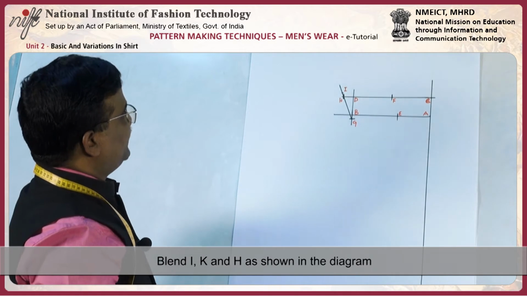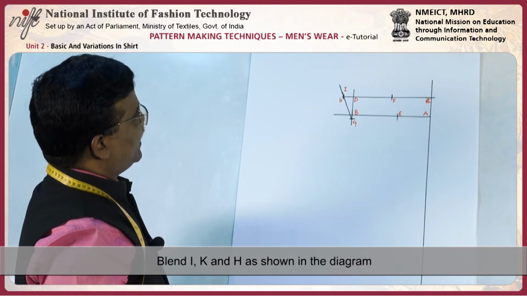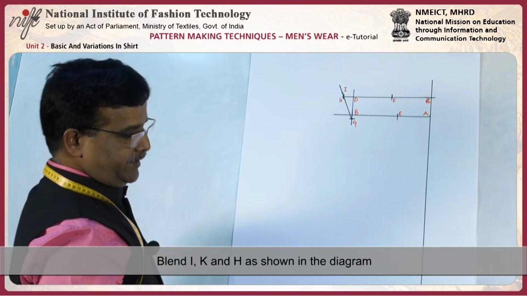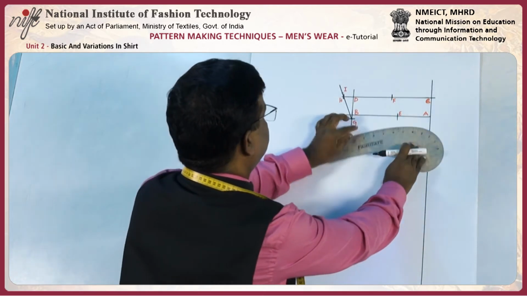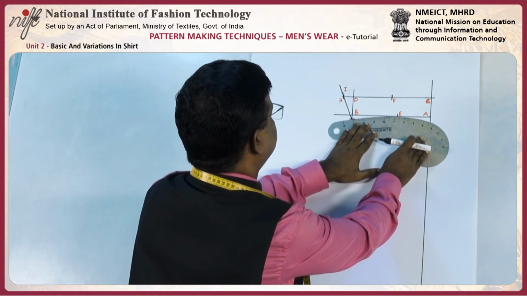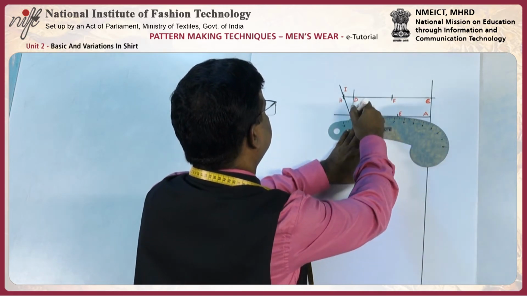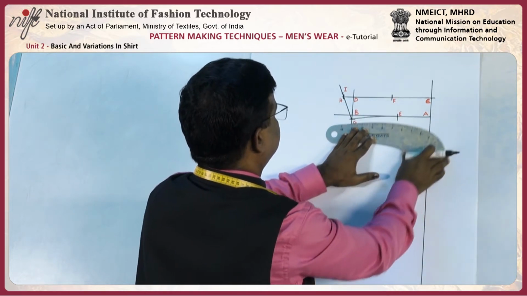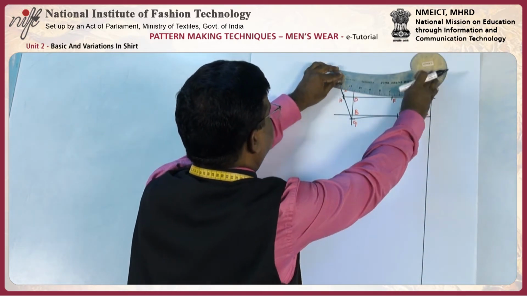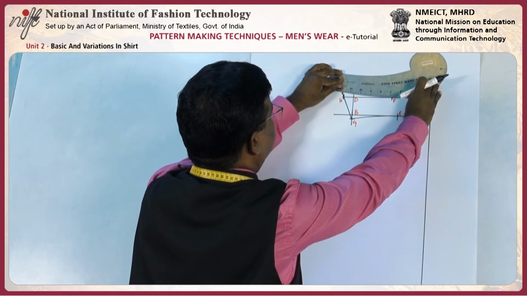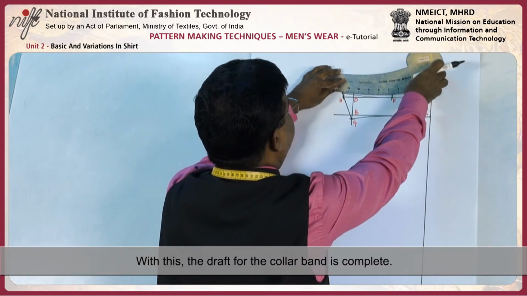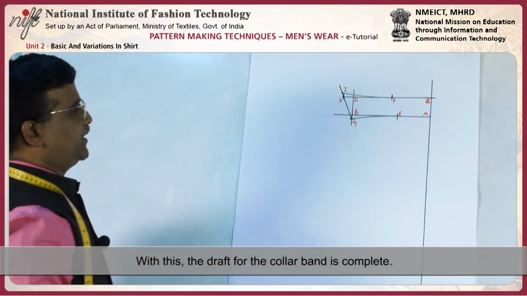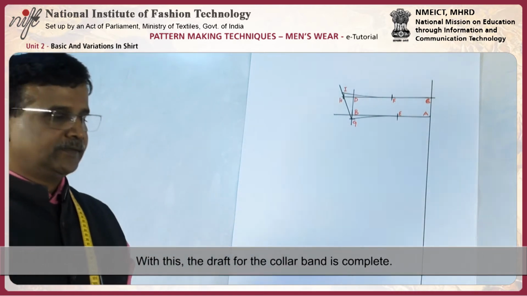Now blend I and F, G and E. With this, collar draft is complete. Cut.